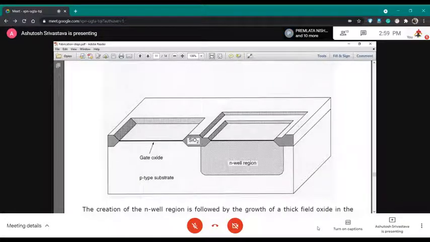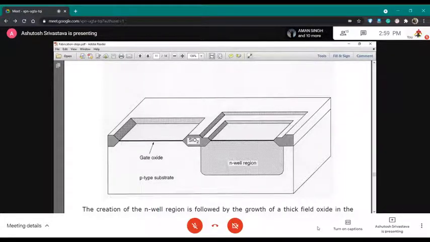So here we will be talking about PMOS and NMOS. To get that, if you are having a P type of substrate, you would require a formation of N well here.